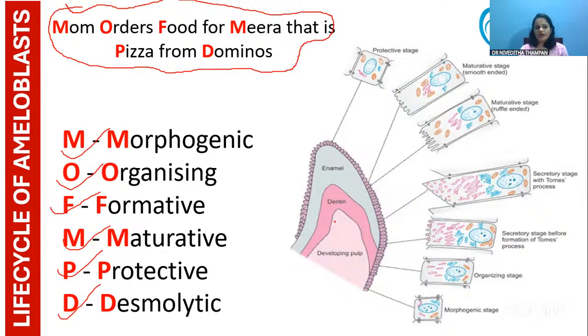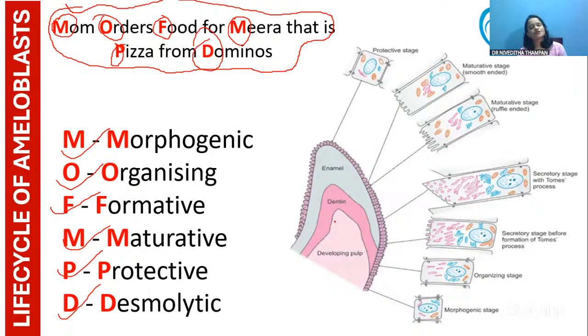Taking all the first letters: morphogenic, organizing, formative, maturative, protective, and desmolytic.